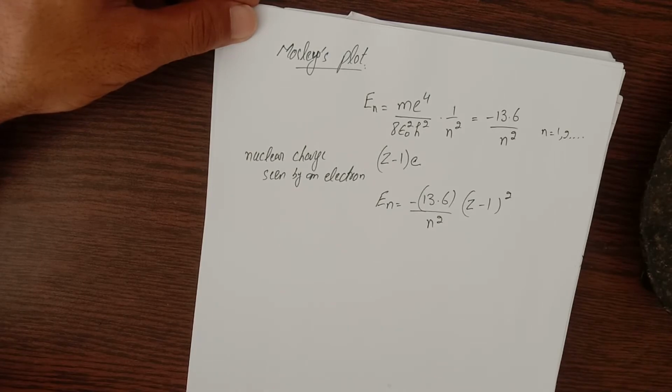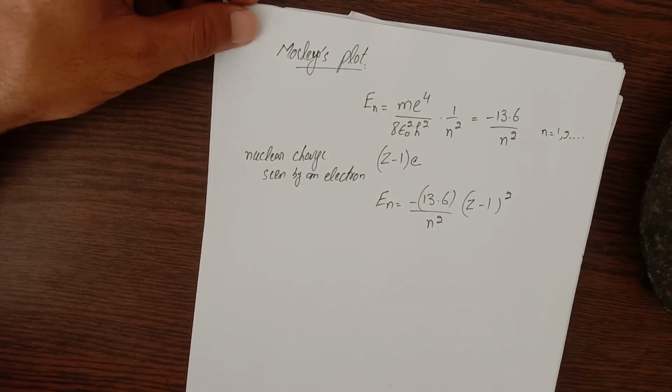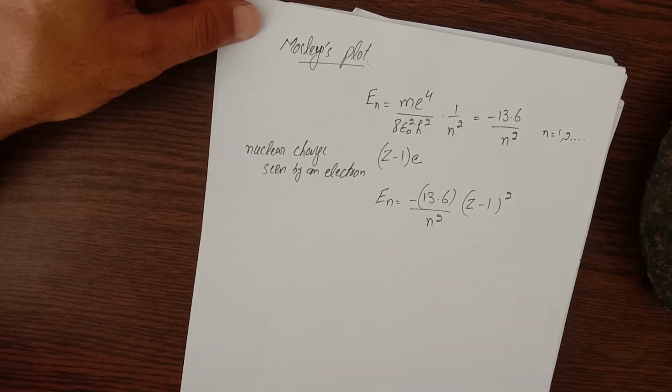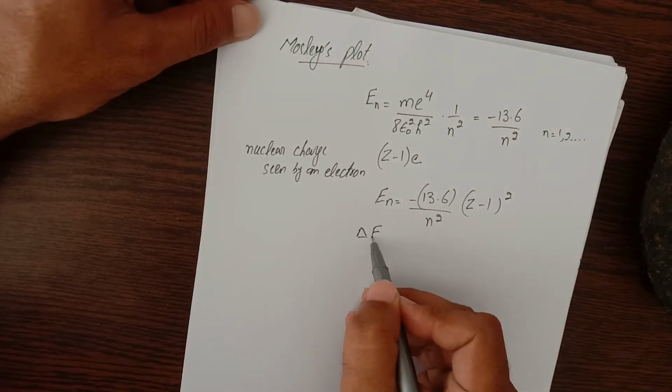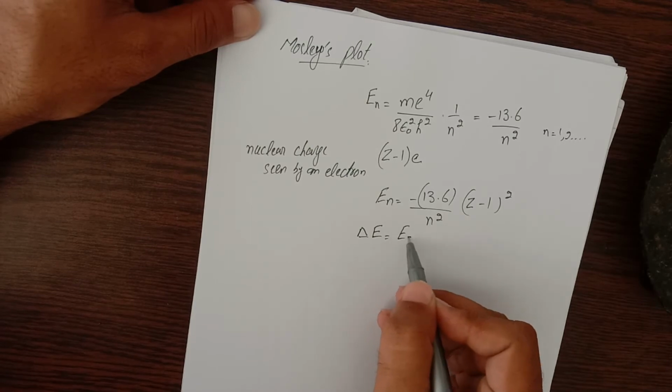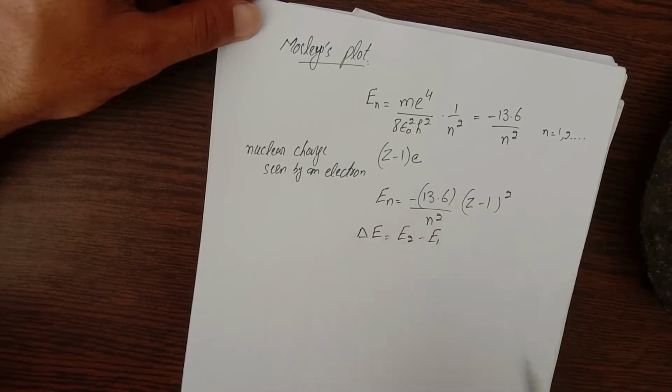Now as an electron makes a transition from second to first, or from any higher level to a lower level, the change in energy would be delta E equals E2 minus E1.